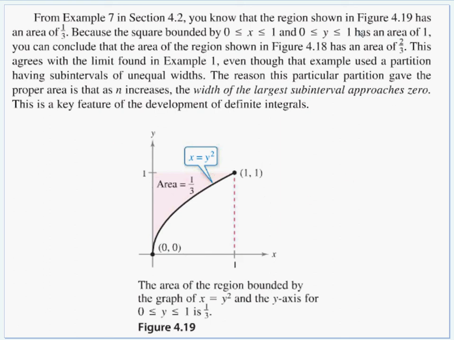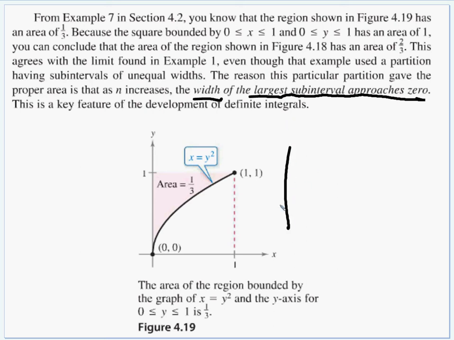This agrees with the limit we found in example 1, even though that example used a partition having subintervals of unequal widths. The reason this particular partition gave the proper area as n increases is that the width of the largest subinterval approaches 0. This is a key feature in the development of definite integrals.